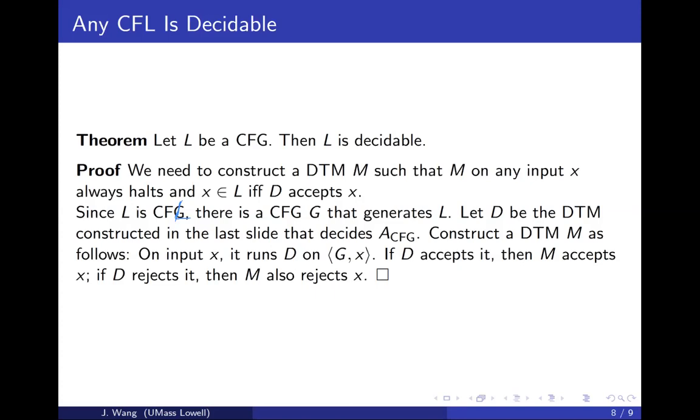Because this time my input is simply X. So the language itself is not part of the input of your decider. So the input is X. But we know that a given language has a context-free grammar that generates it.